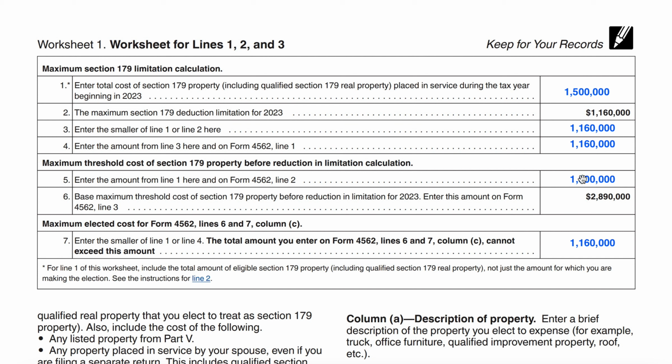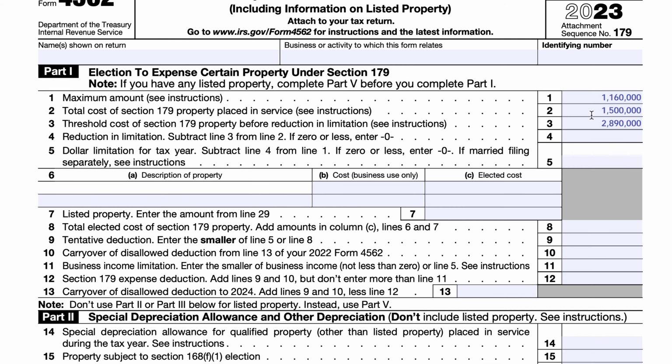Line 2 basically takes that $1.5 million, which is the amount that we placed into service. So we would enter that line 1 amount here on line 5 of the worksheet, but then we're also going to put that into line 2 because that was the total cost of property placed into service.